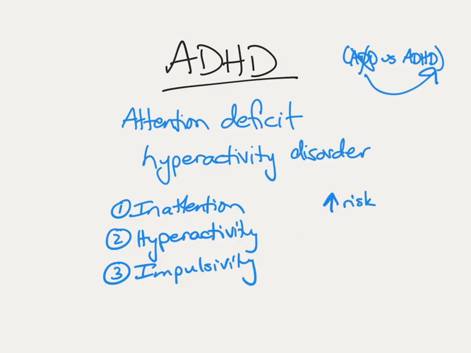The higher risk of substance abuse is usually self-medication. They learn that whatever the substance is helps them feel better, helps them do better, and so they continue to take that and abuse that and often end up in an addiction situation. There is also the issue of the addictive nature of ADHD medications, but we'll talk about that in a second when we talk specifically about the medications.